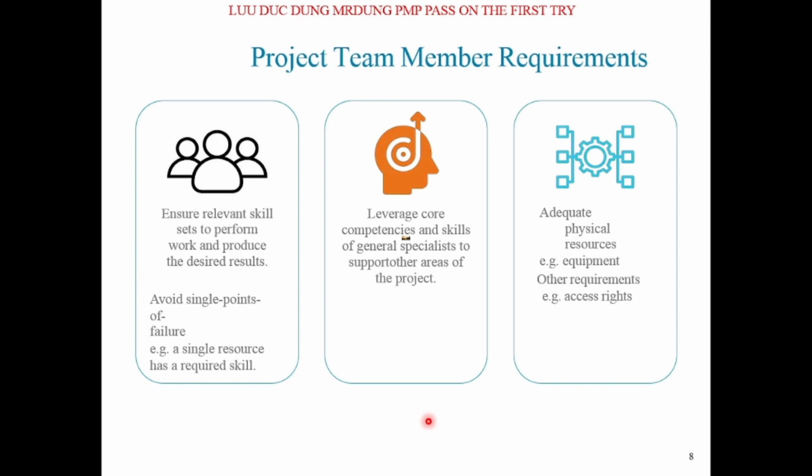For the project team member requirement, firstly, ensure relevant skill set to perform work and produce the desired result. Avoid single point of failure, for example, a single resource that has a required skill.